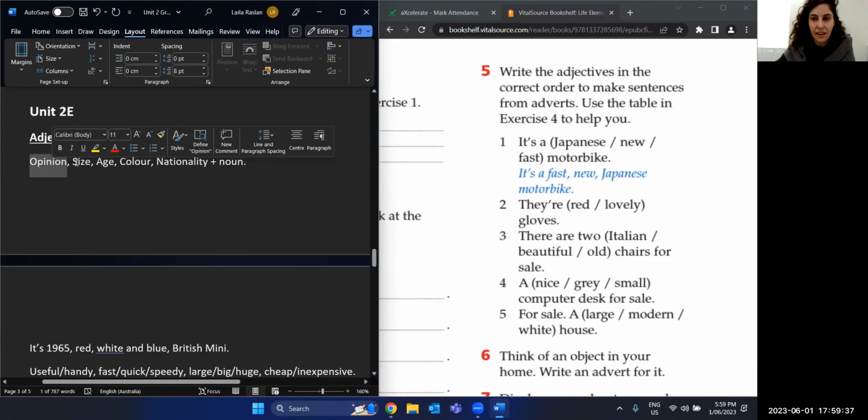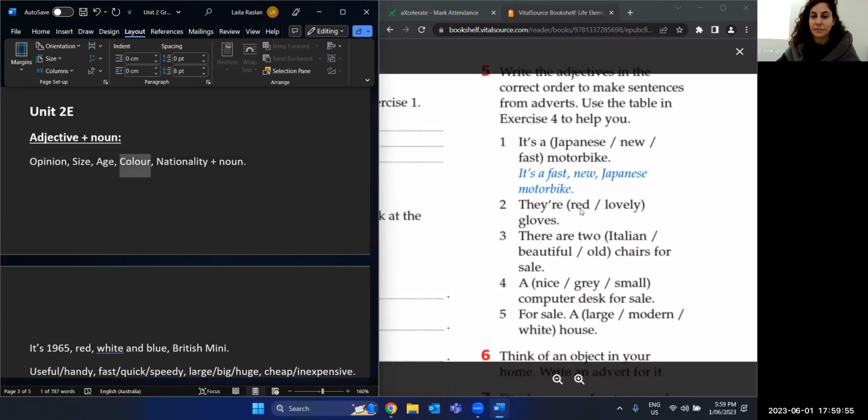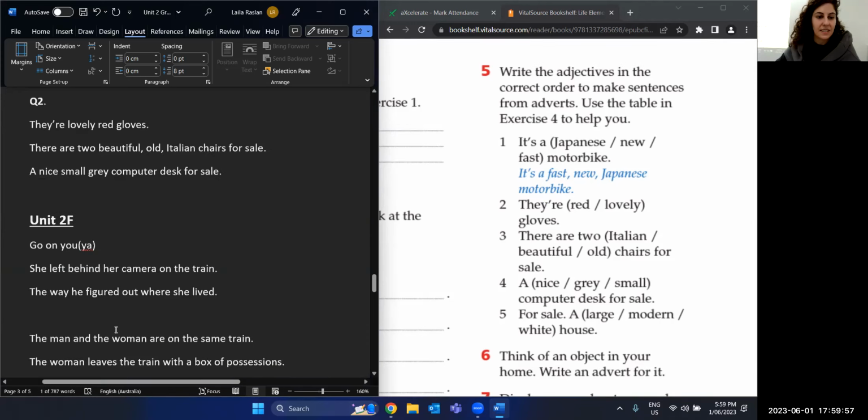I don't have the size. It didn't say if it was medium, small, or large. It didn't say the age, if it was old or brand new or near new or worn, ripped, damaged. It did say the color, red. So the sentence is, they're lovely red gloves. And it's plural. The noun has an S, so they are, there.